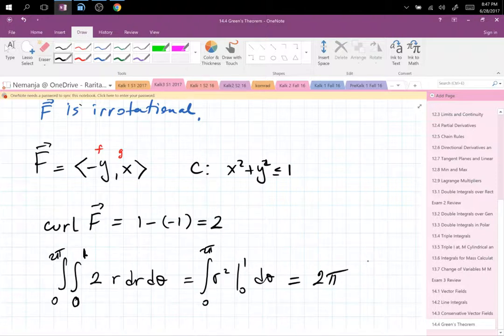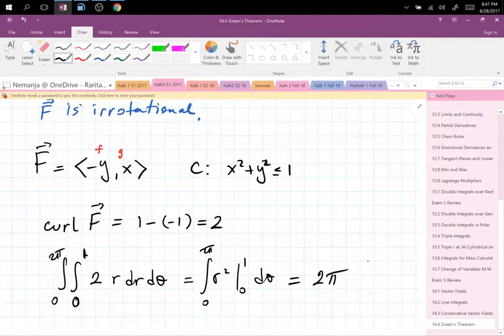You can also try this to compute on the radial field, and you must get what? 0, right? Because the radial field has no rotation on it, which means that the curl of the radial field must be 0.